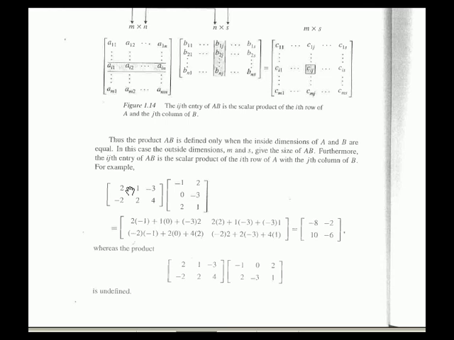So it's 2 times minus 1 plus 1 times 0 plus minus 3 times 2, which is minus 8. And the minus 2, where does that come from? The element in the first row, second column of the product is the dot product of the first row of A with the second column of B. So it's 2 times 2, which is 4, minus 3 is minus 2.